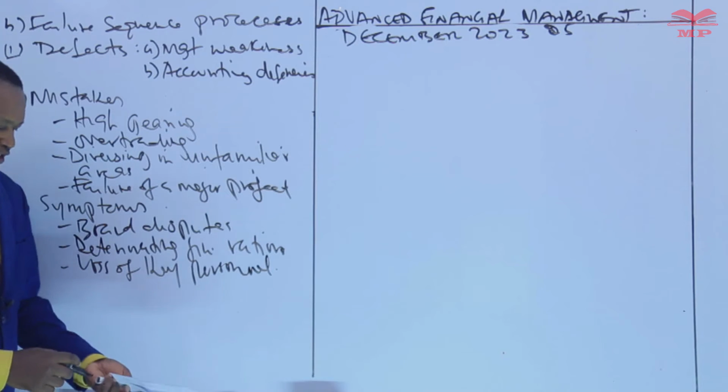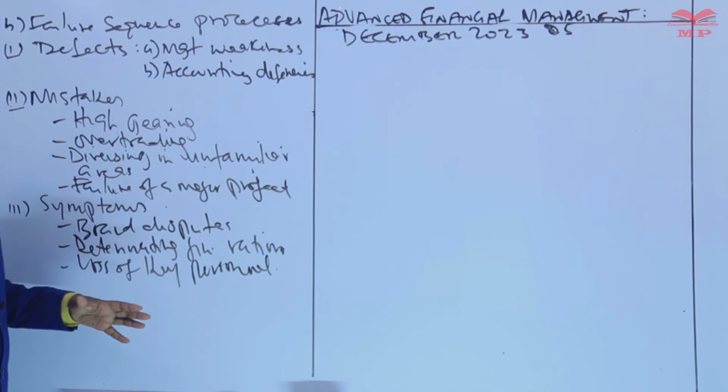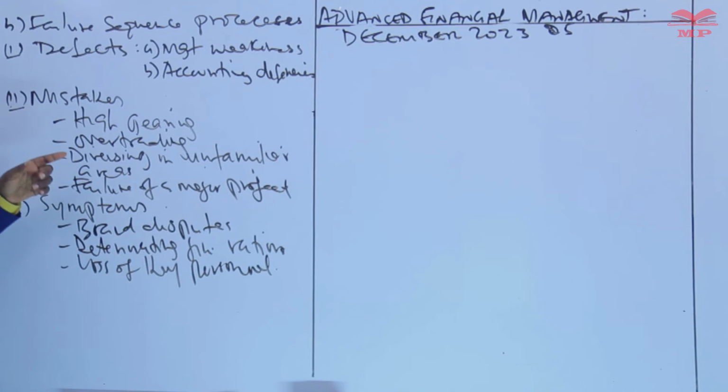So when you hear, candidates, that the company is losing key personnel, there could have been a problem right from the first stage, defects, which then metamorphosizes to mistakes. Then you see the symptoms.